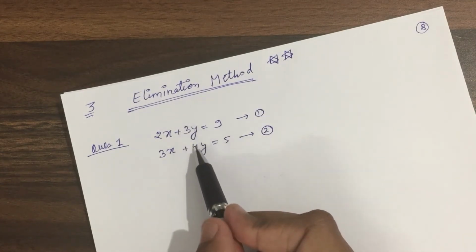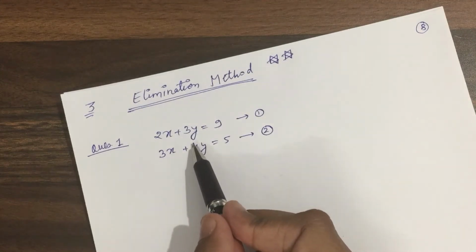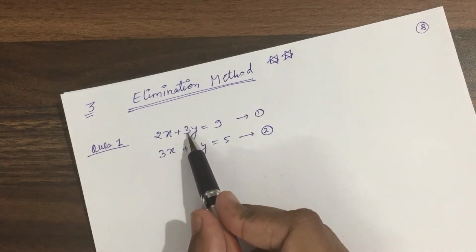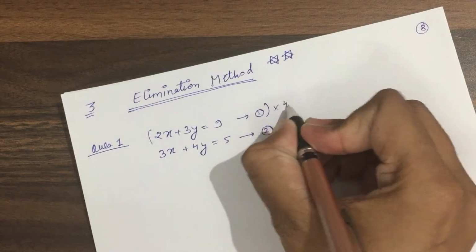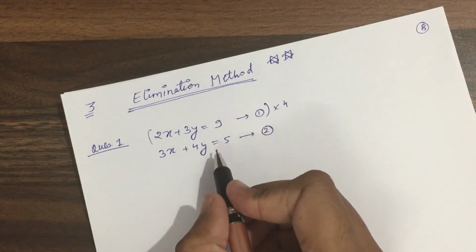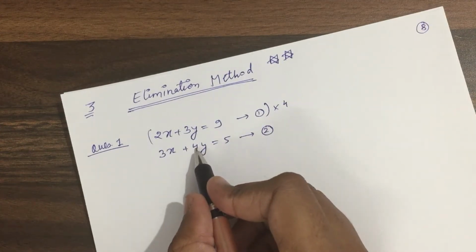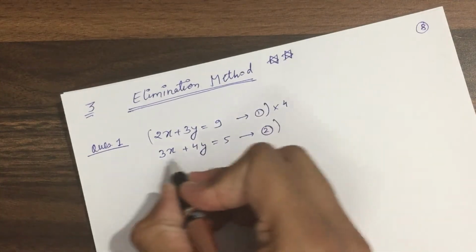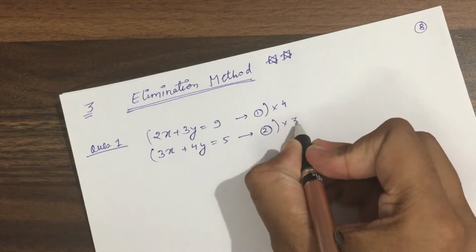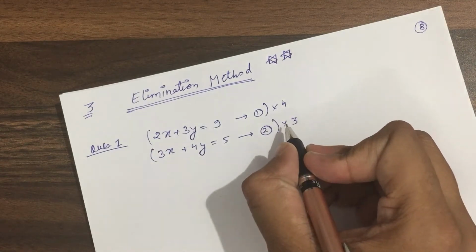So we will take the LCM of 3 and 4, which is 12. In order to make the coefficient in equation 1 equal to 12, we need to multiply the whole equation by 4. Whole equation means both LHS and RHS we need to multiply. In equation 2 the coefficient is 4; in order to make it 12, we need to multiply the whole equation by 3.